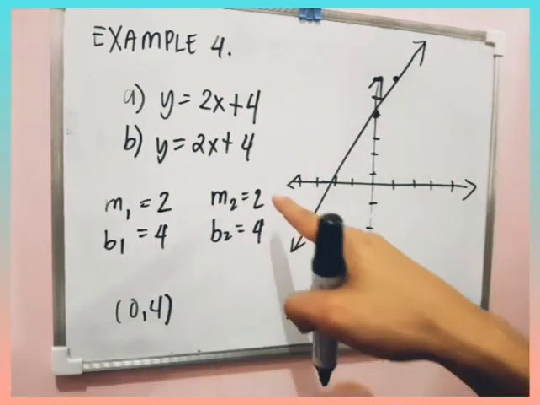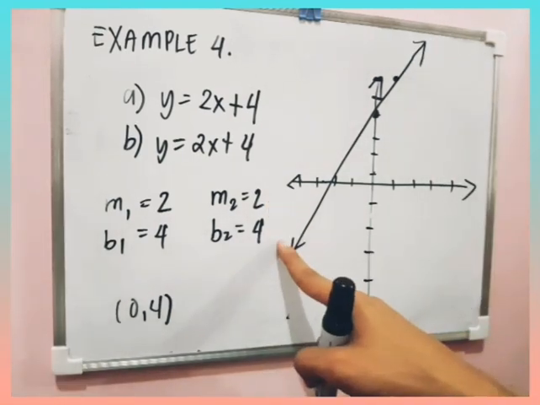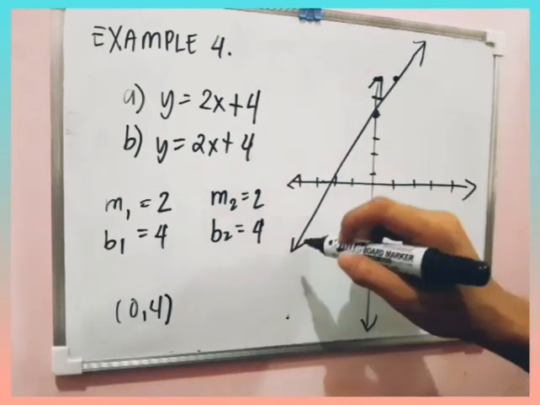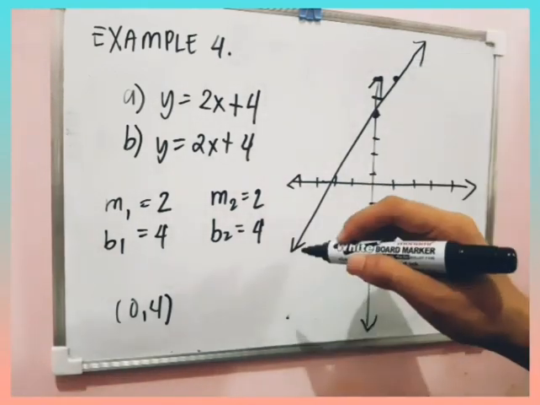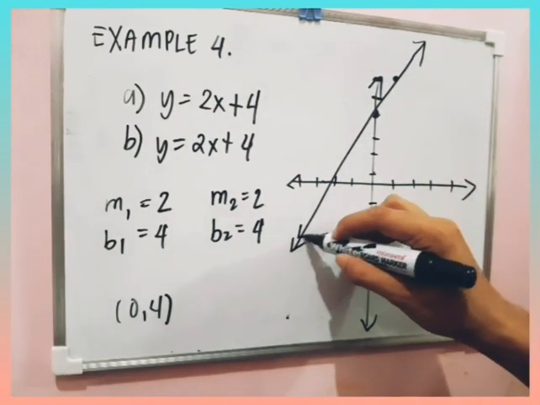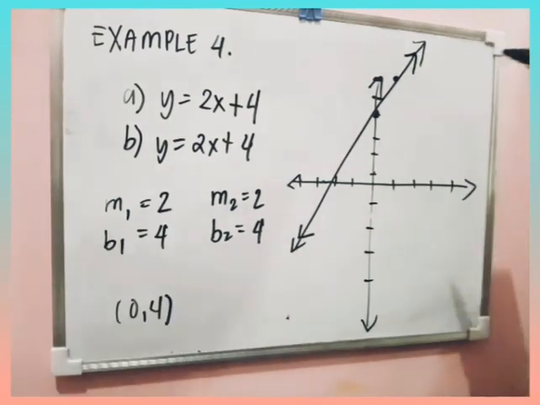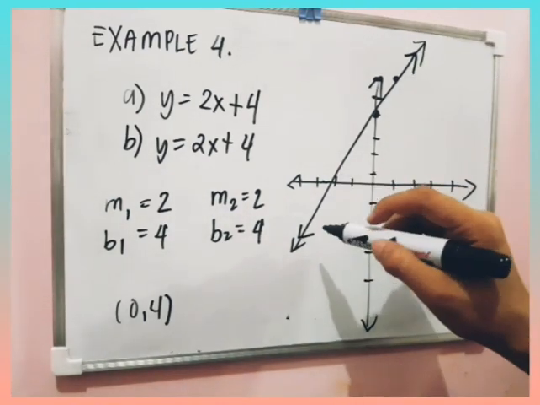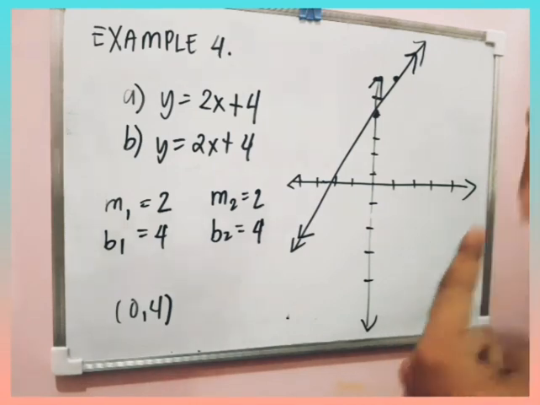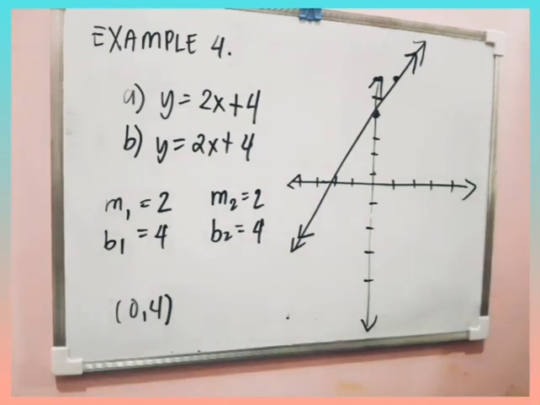So, syempre, since ganun lang din yung gagawin mo dito kasi parehas sila, edi imbis na magguri-guri ka dyan ng line, gawin mo na lang ganyan. Dalawang arrow. So, ibig sabihin, magkapatong yung graph. Magkapatong yung graph sa iisang Cartesian plane. So, kaya dalawa yan.